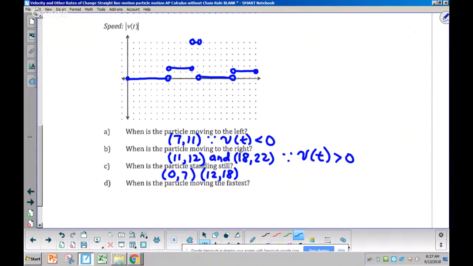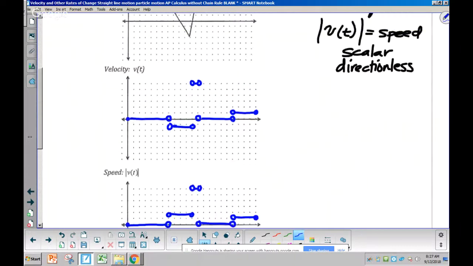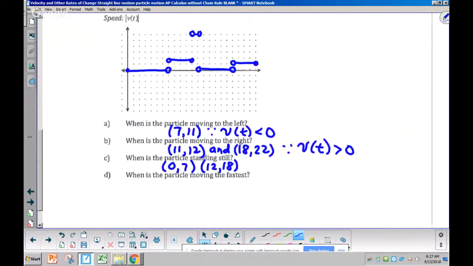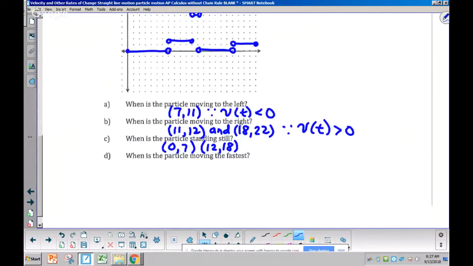When the particle's standing still, is the particle standing still? Yes, it is. I'd accept either. Some books will leave it open, some books will leave it closed. So how do we know? Did I get all of those locations? Since V of t is equal to 0. When is the particle moving the fastest?